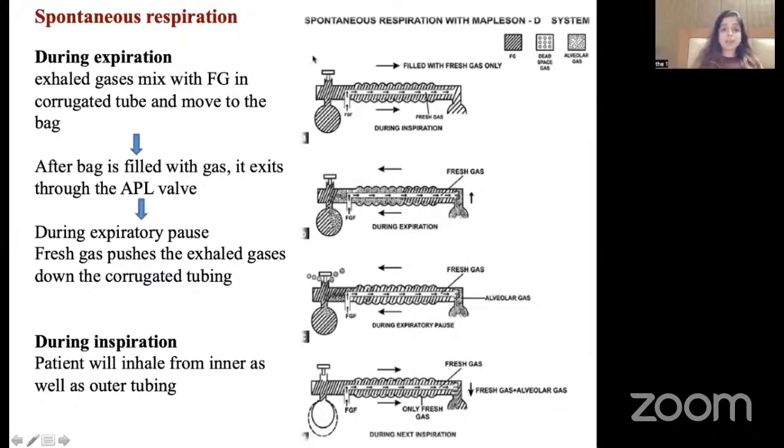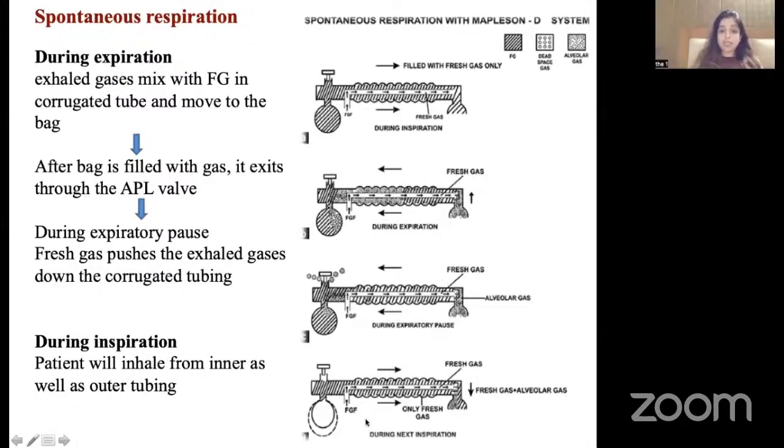What happens during expiration is that exhaled gases mix with the fresh gas and move to the bag. After the bag is filled with gas, it exits through the APL valve from here. During the expiratory pause, the fresh gas will push the exhaled gases down the corrugated tubing towards the APL valve.